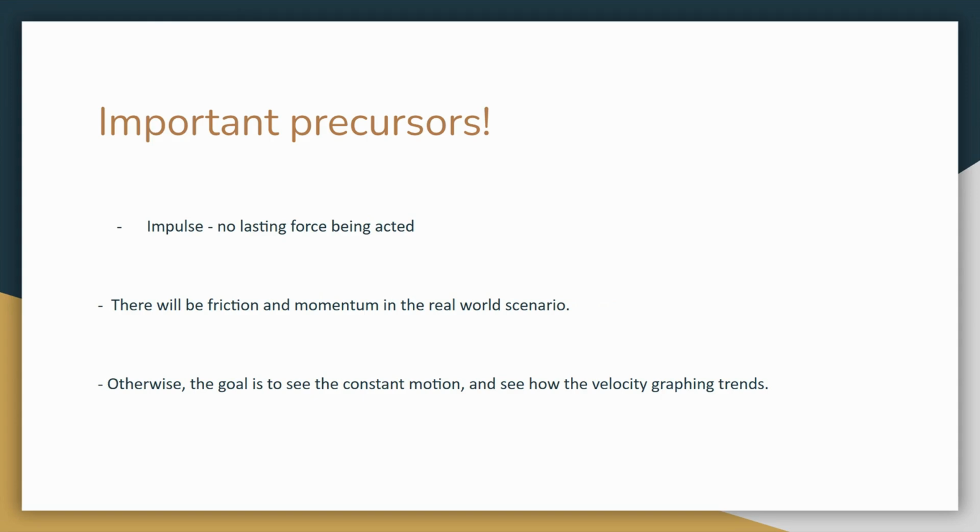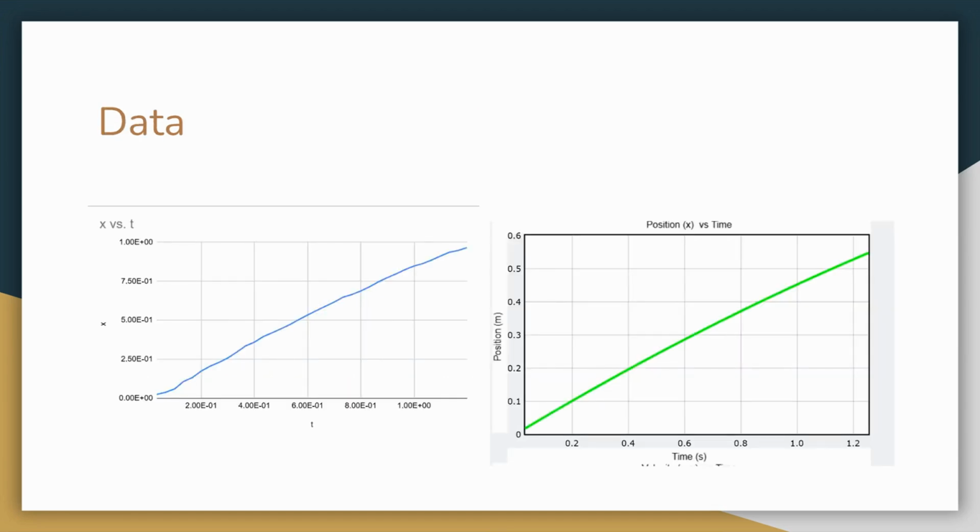And while there will be friction and momentum in the real world scenario, where momentum is P equals mass times velocity, and friction is mu times the same, there will be friction in that, which is why our tracker will have some different data. However, they cancel out in the computation. Otherwise, the goal is to see the constant motion and see how velocity graphing trends.